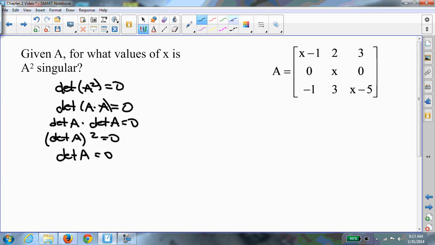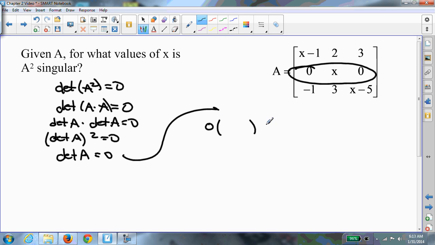And I'm going to use my cofactor technique because I want to take advantage of the fact that I have all these zeros in the middle. So expanding along the middle row, I'm going to have 0 times a matrix, which I really don't care about, plus x times a matrix with entries x minus 1, 3, negative 1, and x minus 5, plus 0 times another matrix, and that has to equal 0.